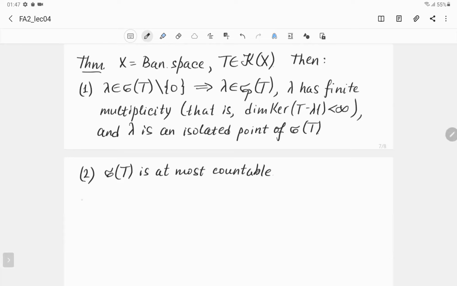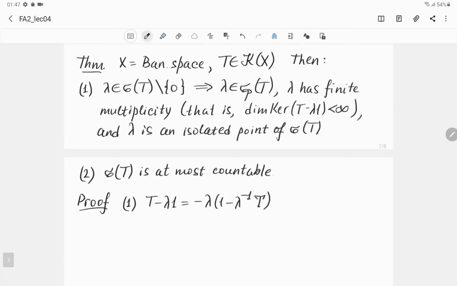Okay, so to prove this result, we observe that since lambda is non-zero, we can write the operator T minus lambda 1 in the following form. And so this operator is essentially of the form which was described in the Riesz theorem, because it is 1 plus a compact operator, multiplied by a non-zero number, which is not essential here.